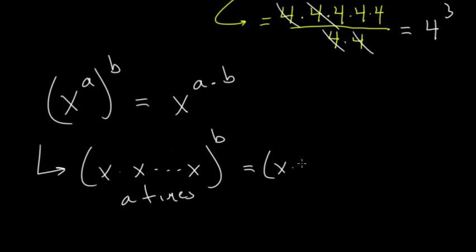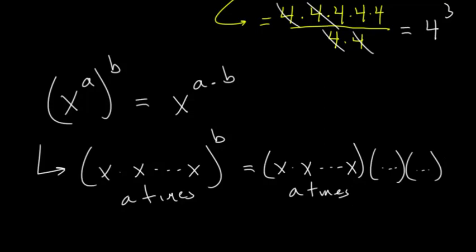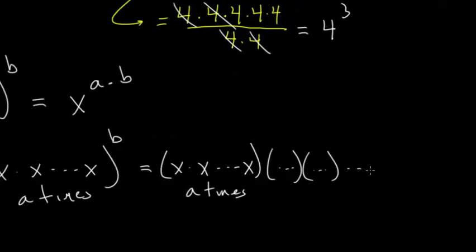So it'd be that x multiplied a times, and you can imagine doing it quite a bit. So this is a times, and let me just extend this. And so this goes on and on and on. And again, each of these is just x multiplied a times. So for instance, if there were 4 x's here and b was, let's say, 3, you'd have 4 of these times 4 more times 4 more.